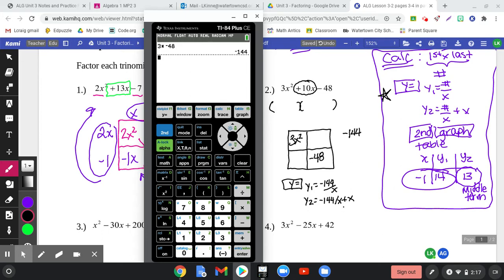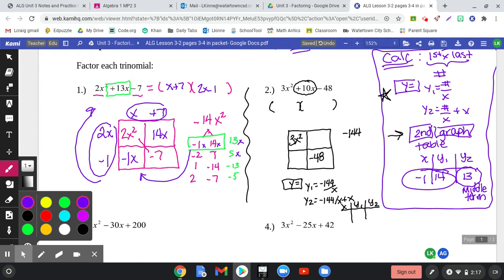And then we're going to hit second graph to go to our table, and you'll see 3 columns: X, Y1, and Y2. What you're looking for is this middle number. I want to scroll down until I see a positive 10. And when I do, those two numbers are what I'm going to put in my other two boxes instead of trying to list them all.